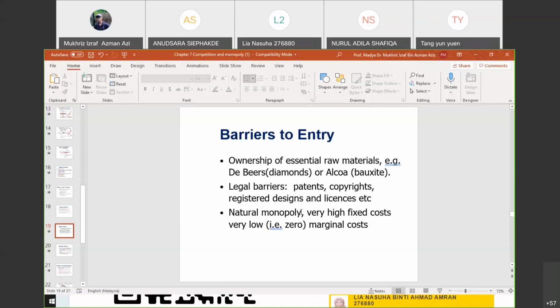Natural monopoly means, by definition, the company needs to be very big, for example, like Astro or the electricity company, TNB. Because if you want to provide that kind of service, you need a very large capital in order to start doing that kind of business.